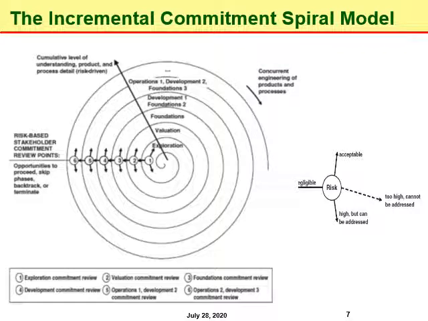Here we can see that there are 6 risk-based stakeholder commitment review points. For example, exploration commitment review, valuation commitment review, foundations commitment review, so on. At each of these review points, the commitments to invest the resources are reviewed, and these review points highlight the opportunities to proceed or to skip the phases or backtrack or terminate the project activities.